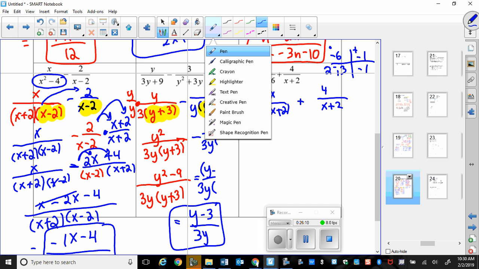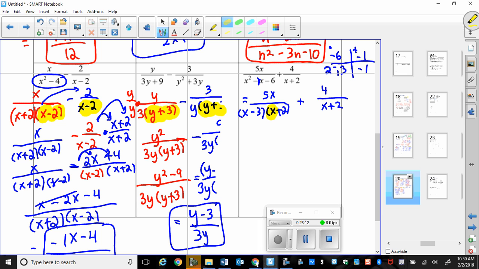Now, once again, we're looking at what's the same, what we don't need to move. What's already in place is x plus 2. But what's not in place is x minus 3 on the right. So I'm going to multiply the right side, the top and the bottom, by x minus 3.